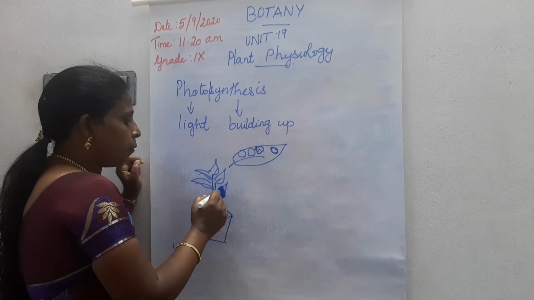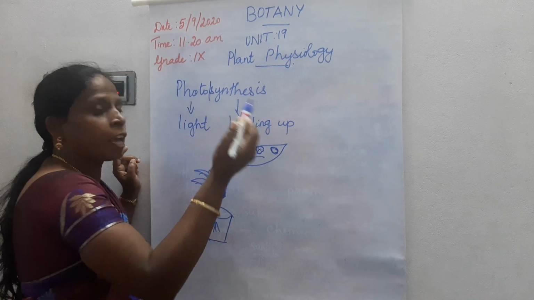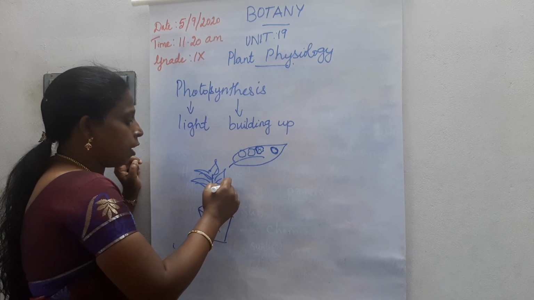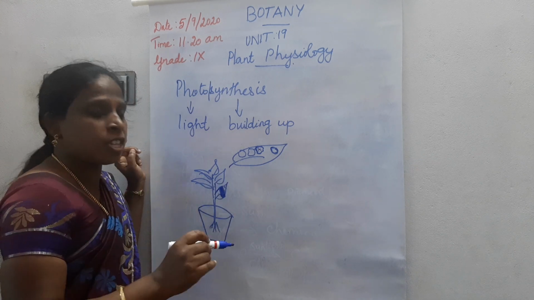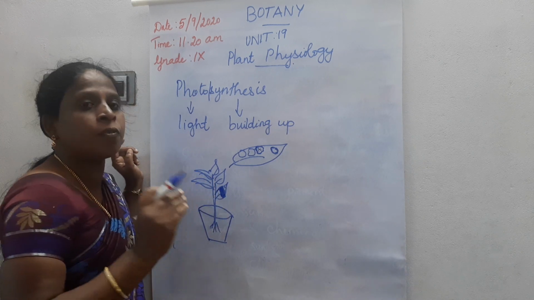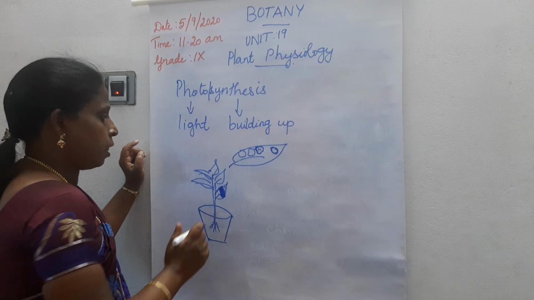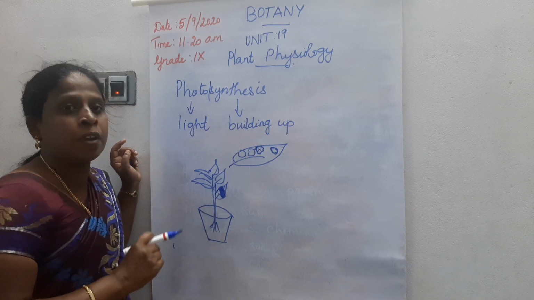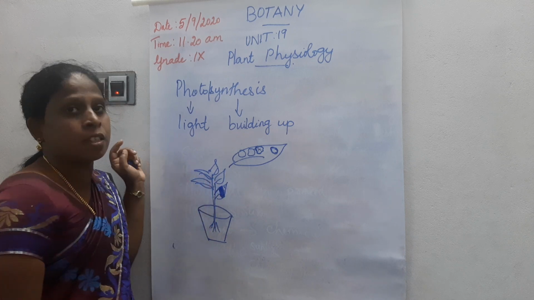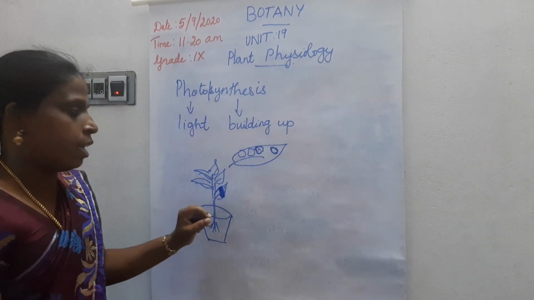The portion exposed to sunlight gets carbon dioxide and everything else, so photosynthesis takes place there, but in the covered portion photosynthesis does not take place. So from this experiment we can prove that light is necessary for photosynthesis.